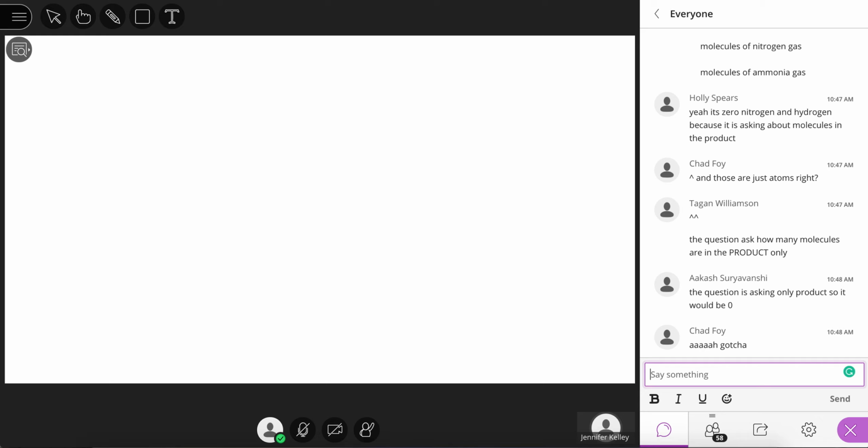So we're going to be looking at limiting reactant. There are some more examples in the notes there if you need a little bit more practice. There are some examples and explanations there.